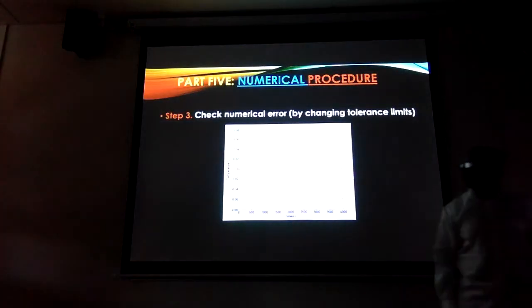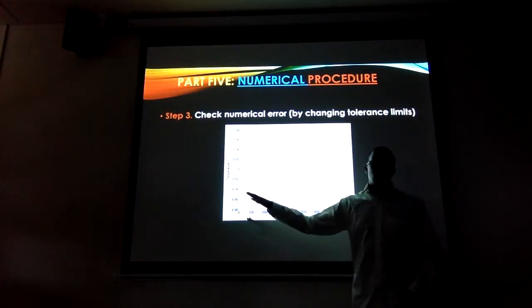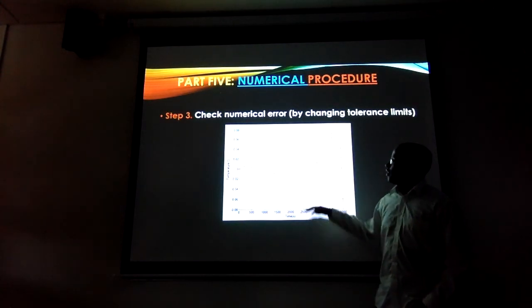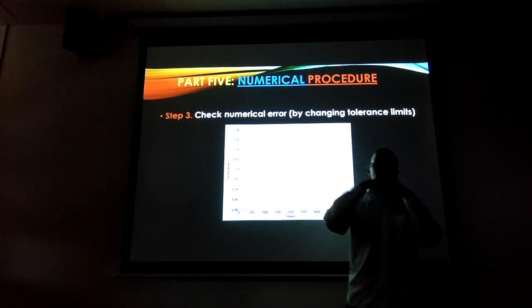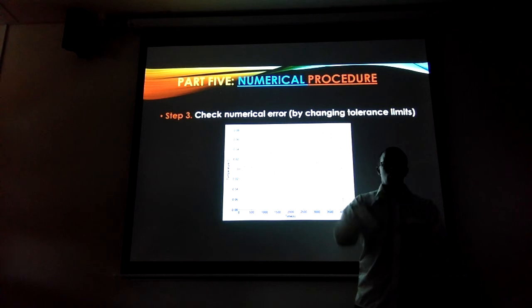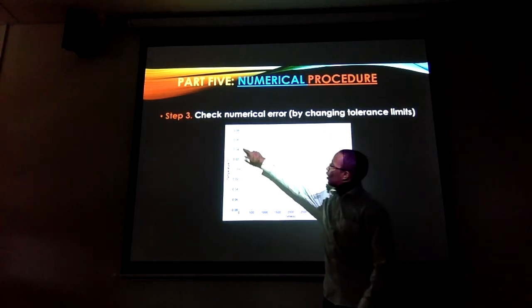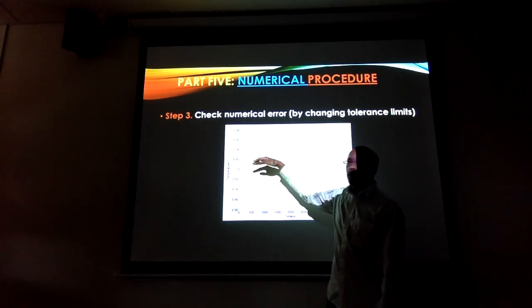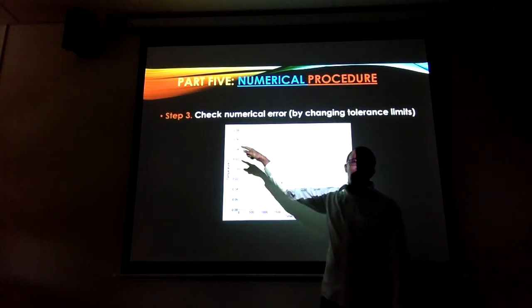Okay? So you plot the relative tolerances. What that means is you check how good it is by changing your relative tolerance. In MATLAB, when you're doing your calculations, you set your relative tolerance, and you plot the difference. The biggest error that we had was 0.08 degrees.